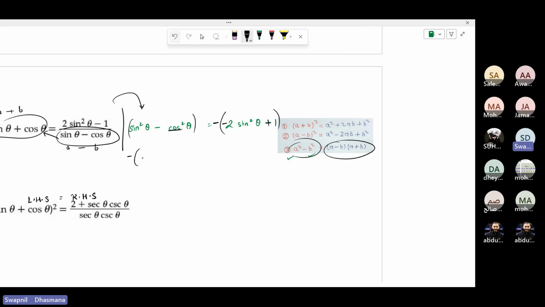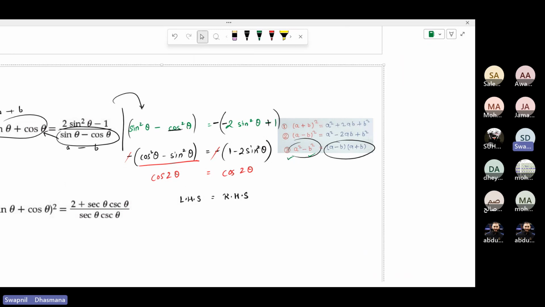So if you take minus common, you will get cosine square theta minus sine square theta, opposite. And here you already have 1 minus 2 sine square theta. You can cancel. It's like multiplying by the negative one on both sides. This is a rule. This is the same rule. So you can say now that LHS equals RHS.